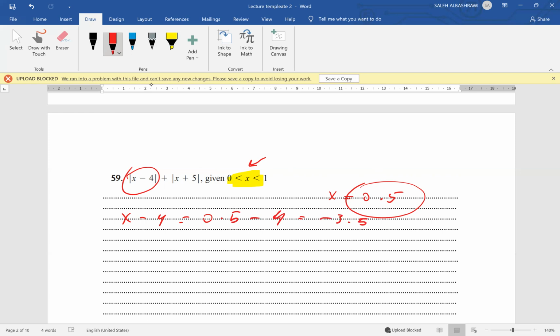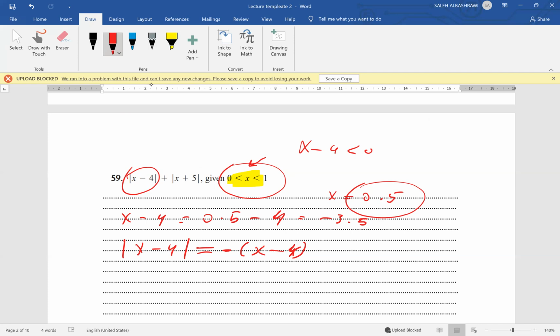That means x minus 4 with this domain is negative. So x minus 4 is less than 0. Since it is less than 0, I can write it with a negative: minus x minus 4. If I want to remove the absolute value of a negative quantity, I have to multiply by negative. So it is minus x minus 4.